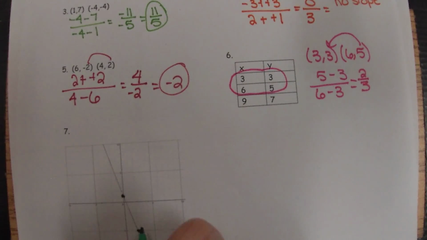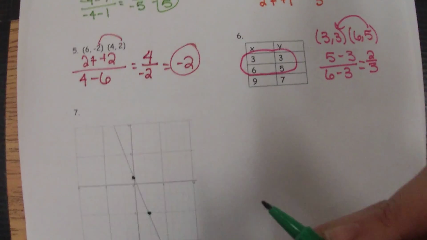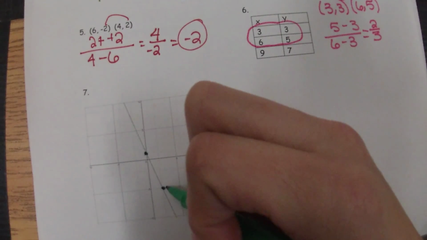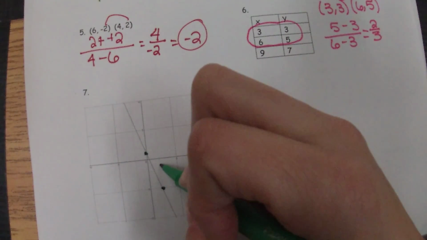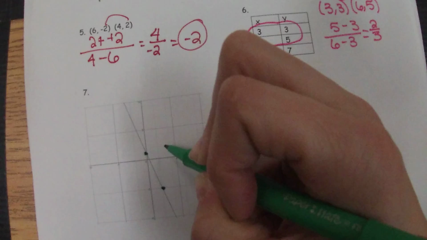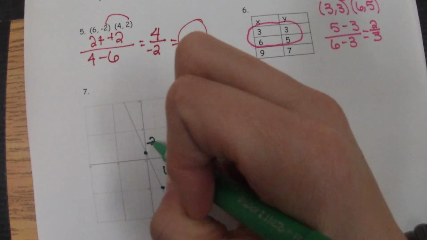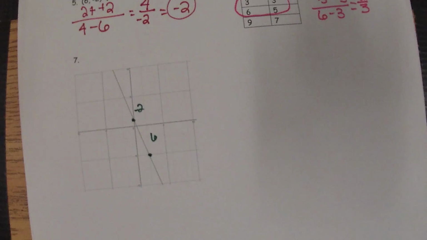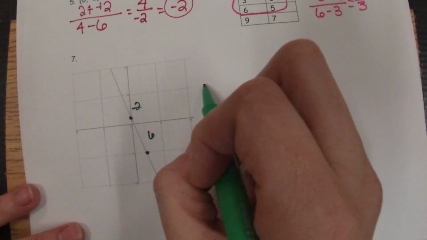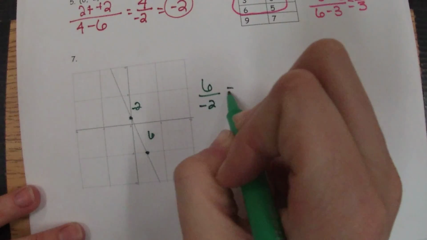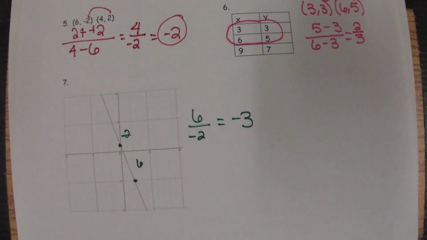So we have a good point here. So we're going up, let's see, up 1, 2, 3, 4, 5, 6, and over 1, 2. So we went up 6, we went left 2. So when we reduce this, we'll get a slope of negative 3.